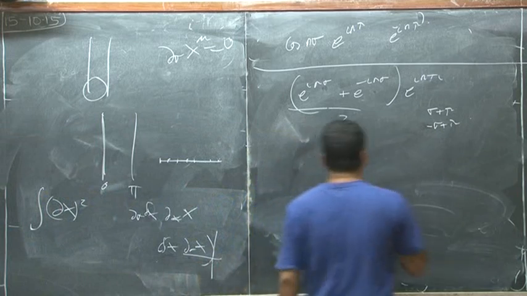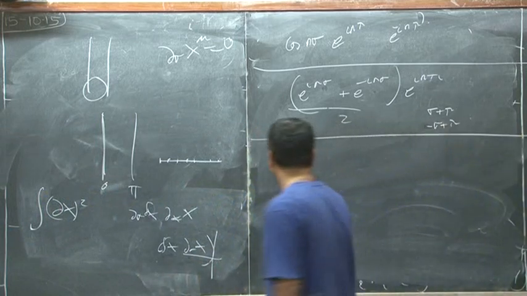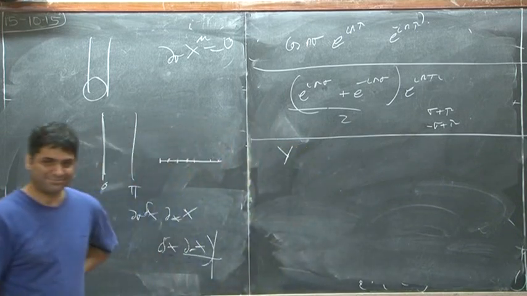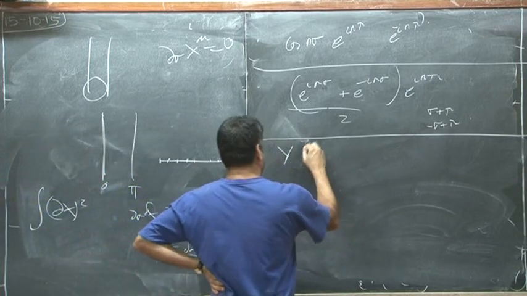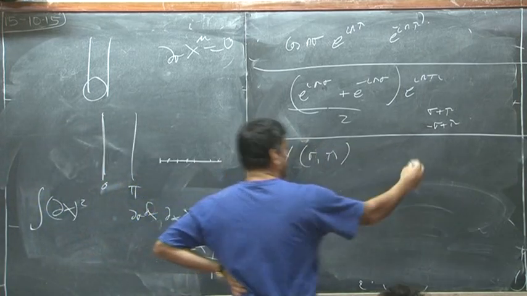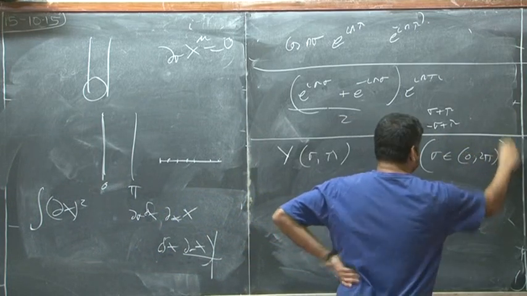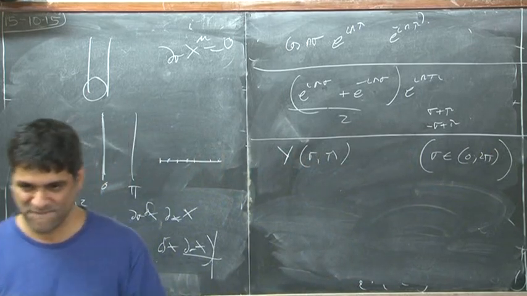Now what I'm going to do is define a new function y, such that y of sigma, tau lives in sigma belonging to 0 to 2 pi, just like a closed string. Okay?